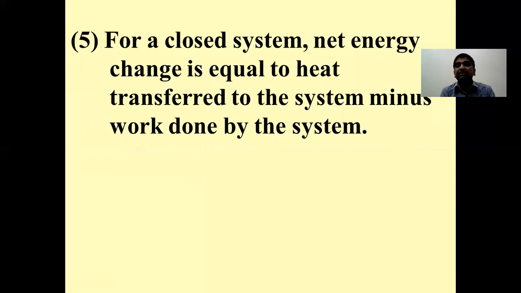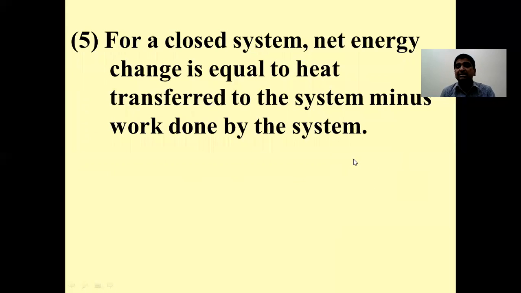Now the next form of statement is that for a closed system, the net energy change is equal to heat transferred to the system minus work done by the system.